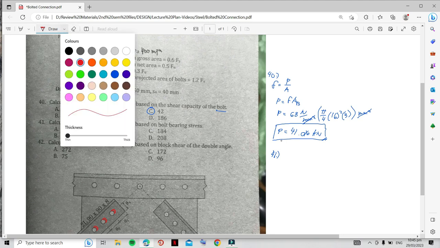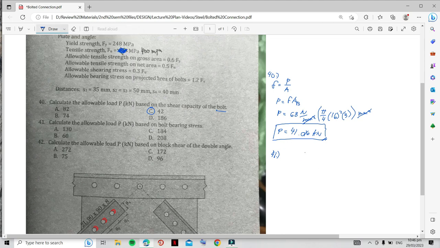Okay, with this, we are given the shear stress. Same formula: P, or force, is equal to bearing stress times the area of the hole. The bearing stress is denoted as 1.2 FU. FU is 400, so this is 480 MPa.